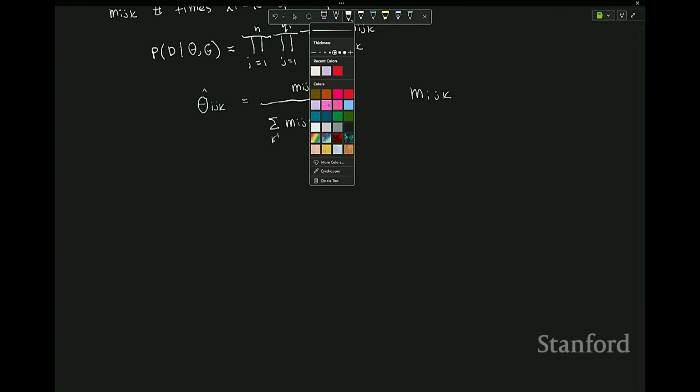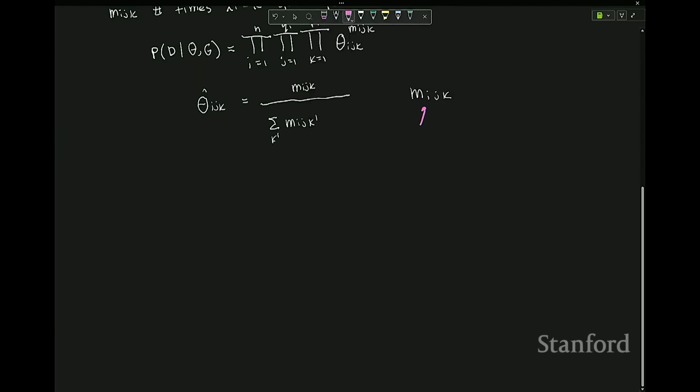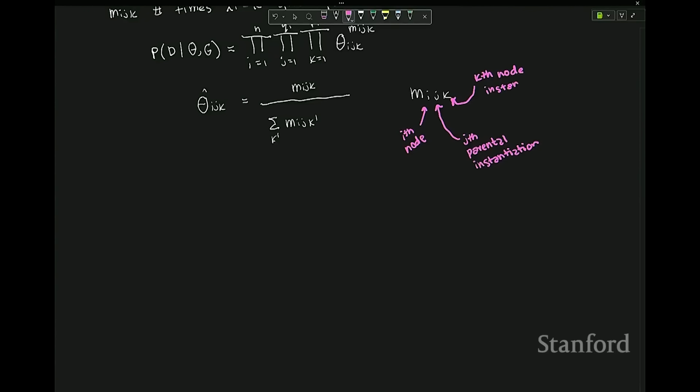What we have here is the ith node with the jth parental instantiation and the kth node instantiation. So the indices are saying which node are we at, what are the values of its parents, and what is the value of that node.